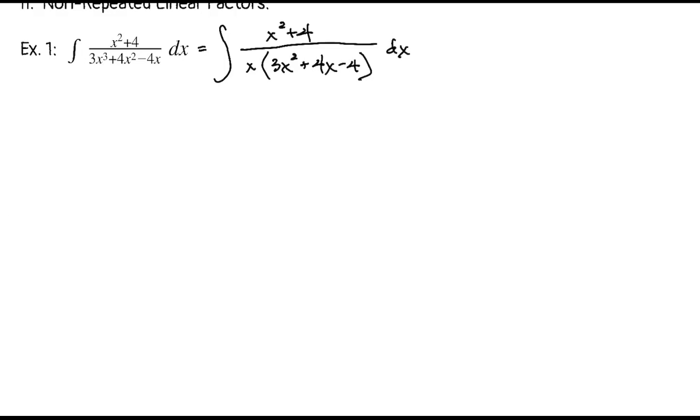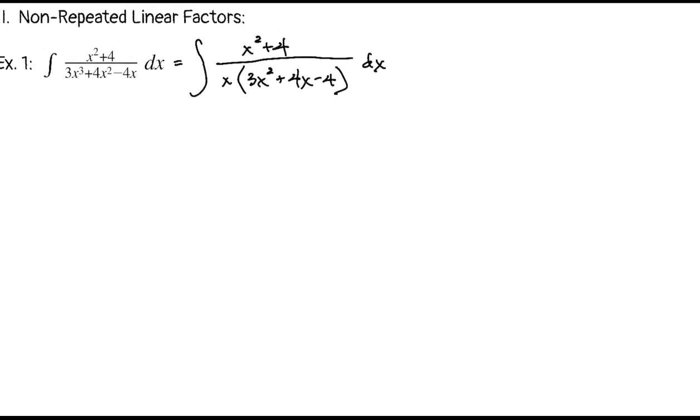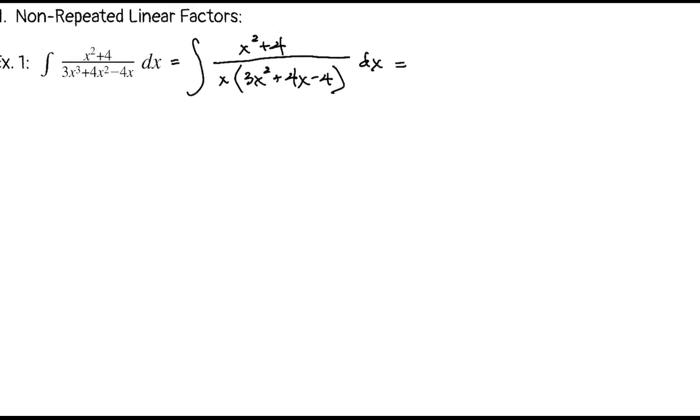Now, I want to see if I can continue to factor, okay? And so 3x squared plus 4x minus 4 does factor more. In fact, it factors into 3x minus 2 times x plus 2 dx.